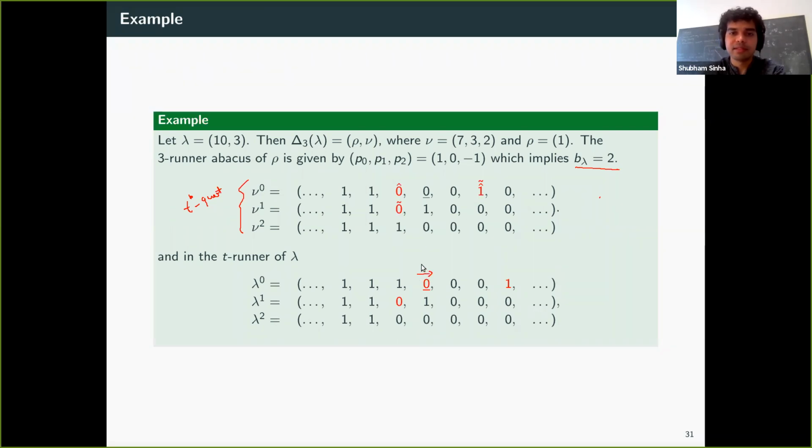For example, this is shifted by 1, the second row is shifted by -1, and the third row remains the same. No, sorry, I think this is 0 and this is -1. My bad. So this is not shifted, and this is shifted by -1.